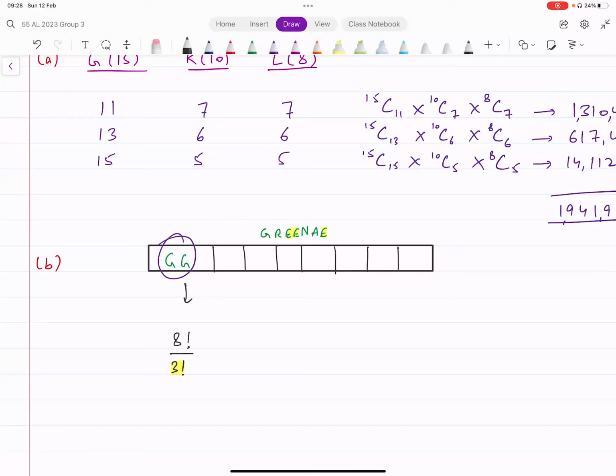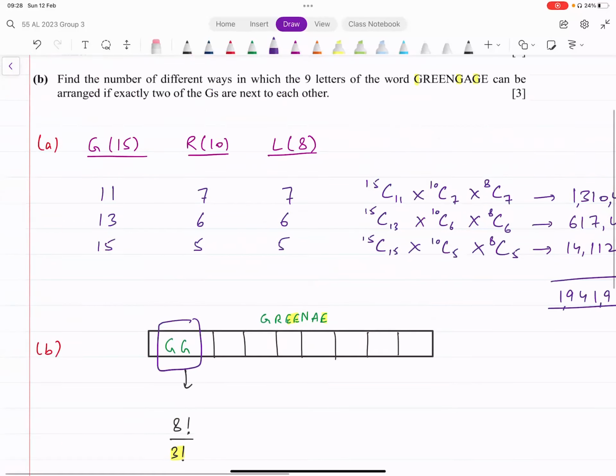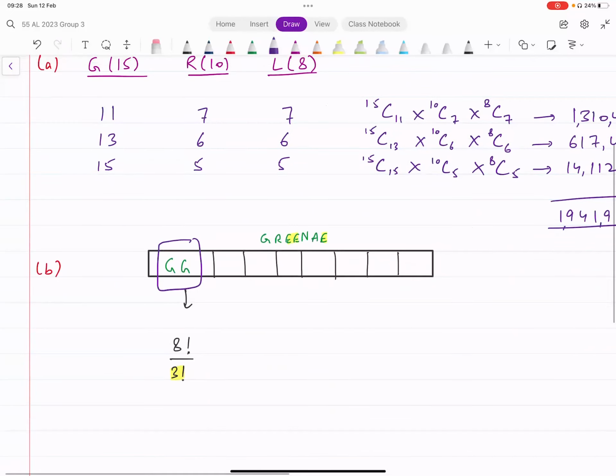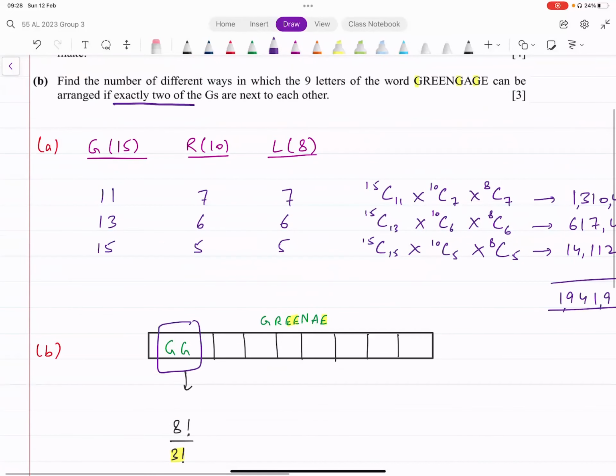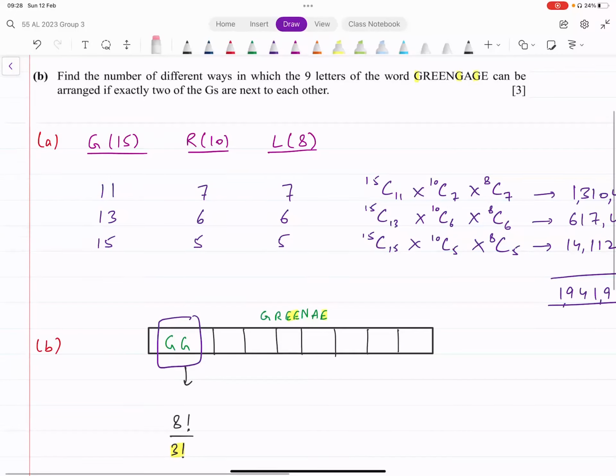Is it because the third G can come next to them? The third G can come next to them as well. So you see, you've got 2 G's here in one single box, but 1 G आपके पास रहता है. Now the problem is, you are putting these 2 G's together and that's okay. That's fulfilling the condition, but you want exactly 2 of the G's next to each other. You can't have 3 G's next to each other.